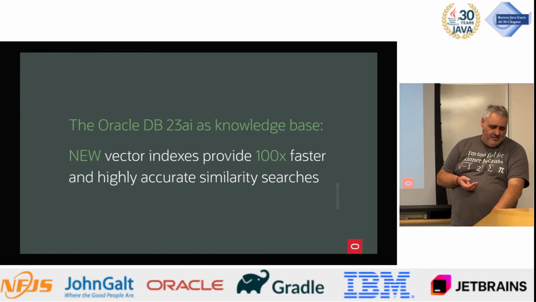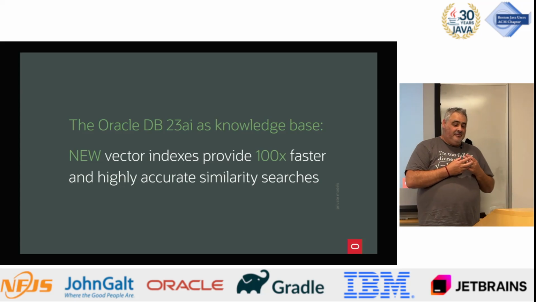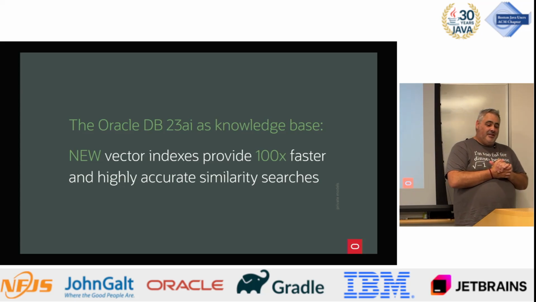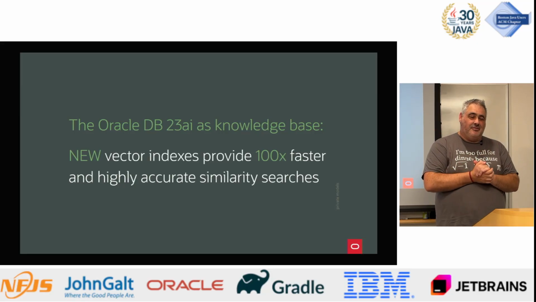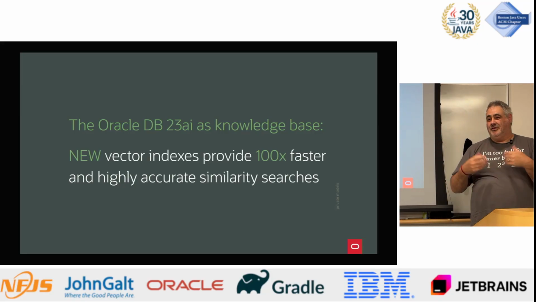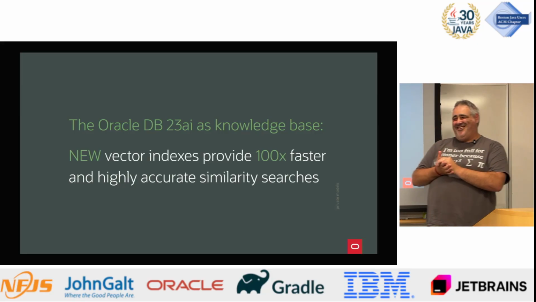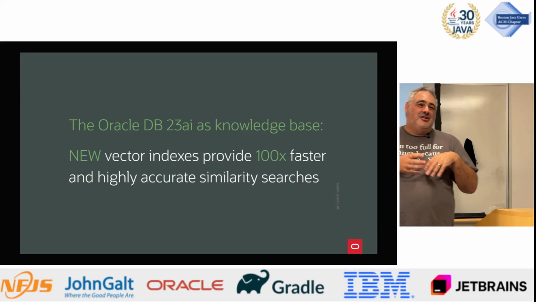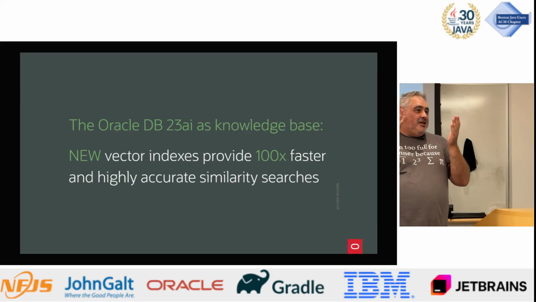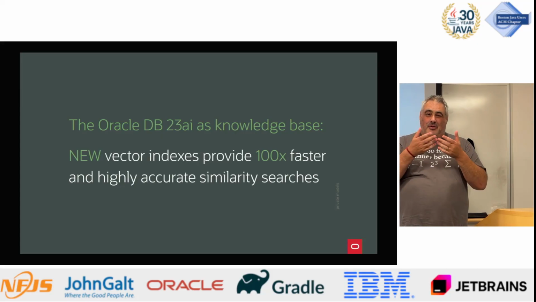So in Oracle, we have our vector database capability. It's very fast and allows you to create a vector index. There are different kinds of vector indexes, and other databases do this too. It's not just Oracle, but Oracle does it a little bit better, obviously. When you have a vector database, think of it as a table with all your vectors in it.